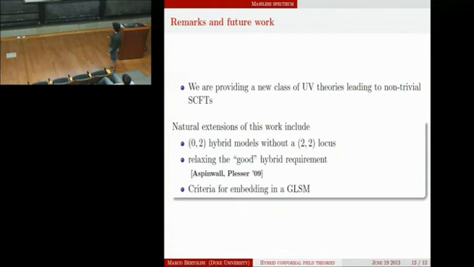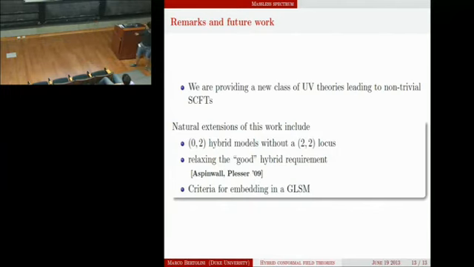All right, so to summarize a little bit, what we did is we provided, in principle, a new class of UV theories leading to non-trivial superconformal field theories.